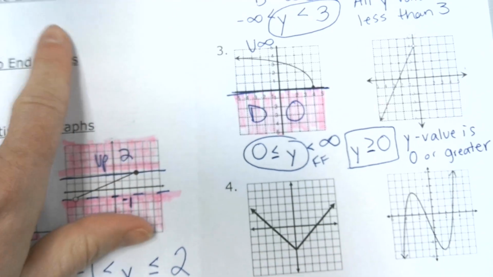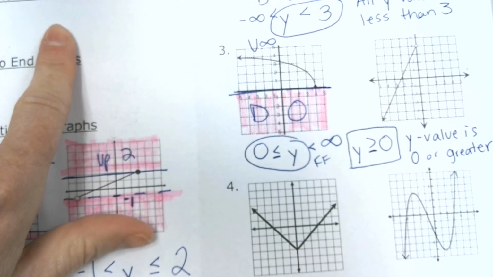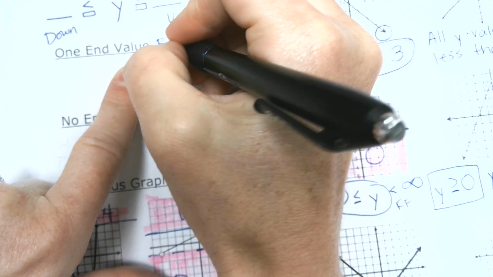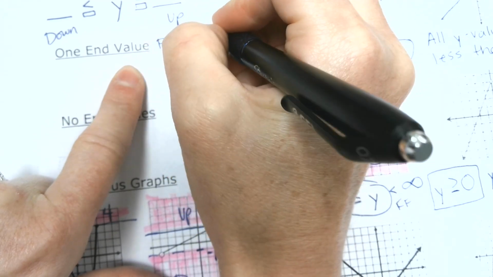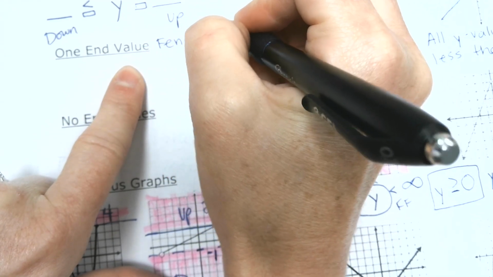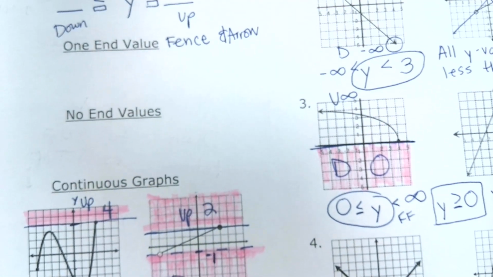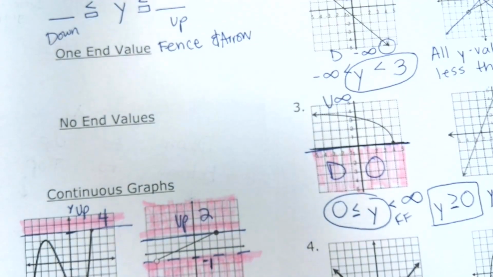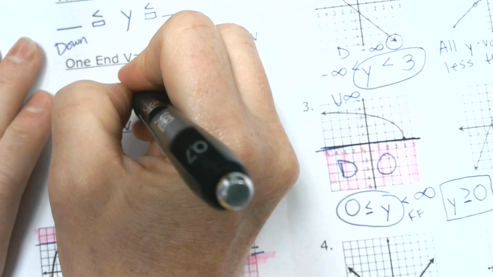Okay, so we need to do our one-endpoint value over here. So that is where you have fence and arrow. So the arrow goes to infinity. The fence, we'll stop it. So this one looks like the same thing.